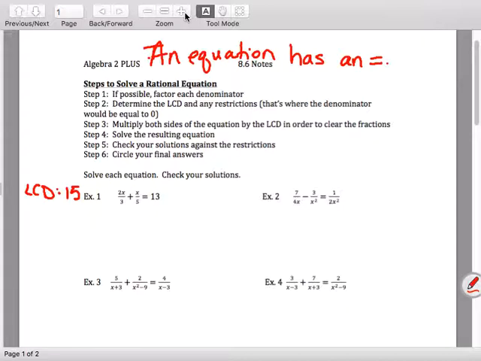Why doesn't 0, 3, -3 make those denominators 0? This is what I need you guys to be thinking about. Ideas?